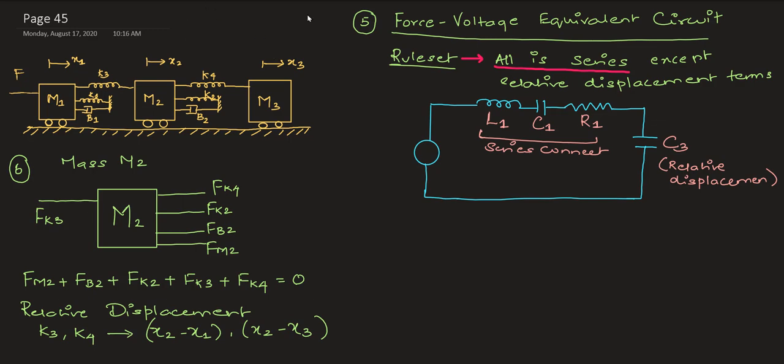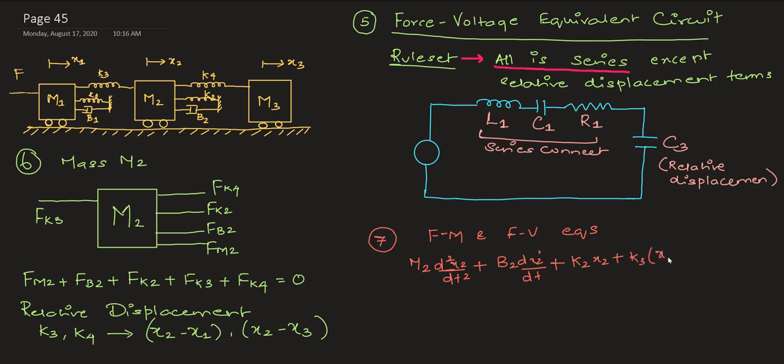So my force voltage equivalent for mass M2 has K3 and K4 in parallel, whereas K2, B2 and M2 are going to be in series.